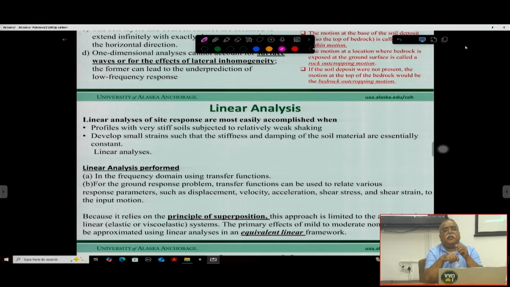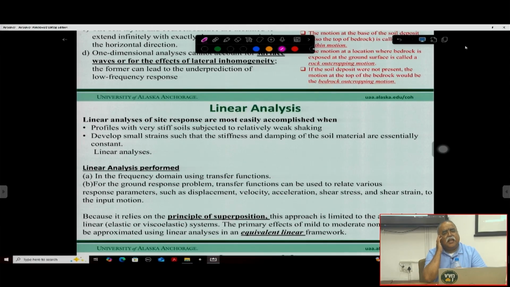That means no non-linearity is happening. So the stress and strain are proportional to each other. It is not that the strain is different as the wave propagates, that there will be changes in the strain. That's not the case.